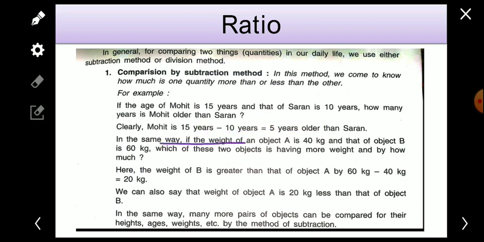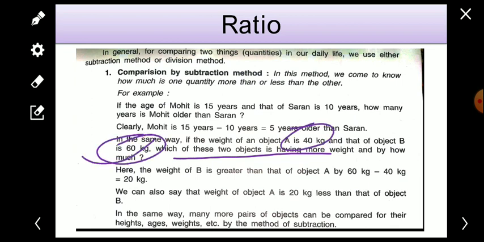In the same way, if the weight of object A is 40 kg and that of B is 60 kg, then which of these two objects has more weight and by how much? So obviously object B has the more weight, but by how much? What will you do here? Here also we will subtract to compare how much more the weight of object B is.